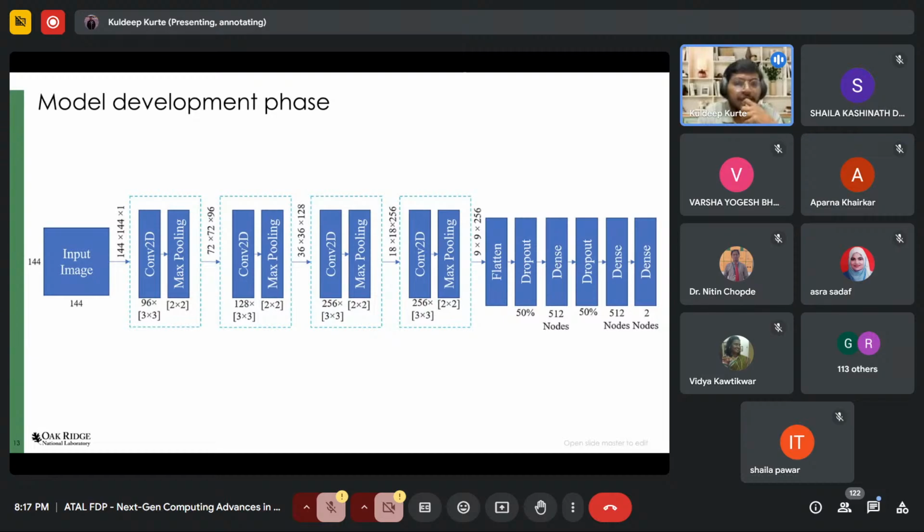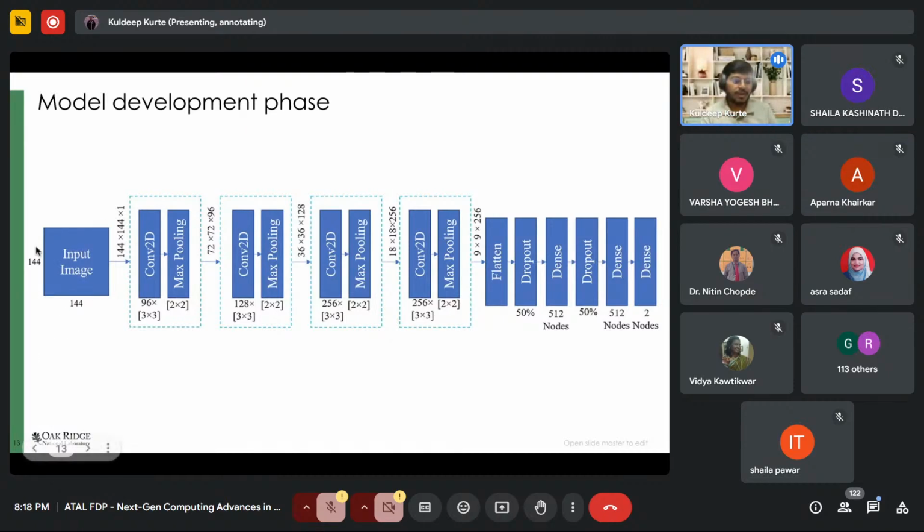I'll skip this part, because this is a very general, very naive CNN model that we used at that time. We were also learning, and it was a new thing for us, so we used a very simple CNN model architecture. One point I would like to highlight is that the backbone architecture takes an input image of size 144 by 144.